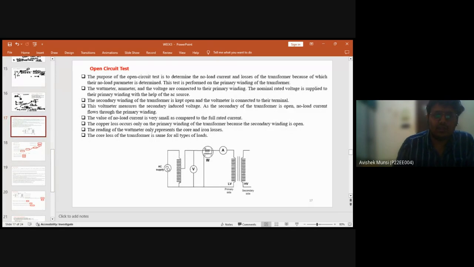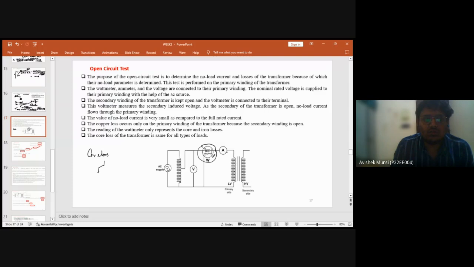In this open circuit test, there is a wattmeter connected, and there is an ammeter and a voltmeter. So we have to calculate the core loss.